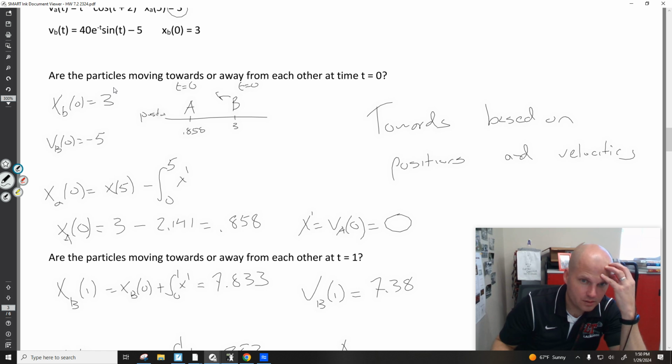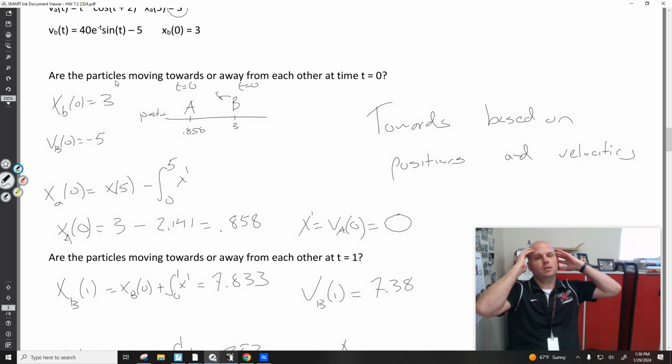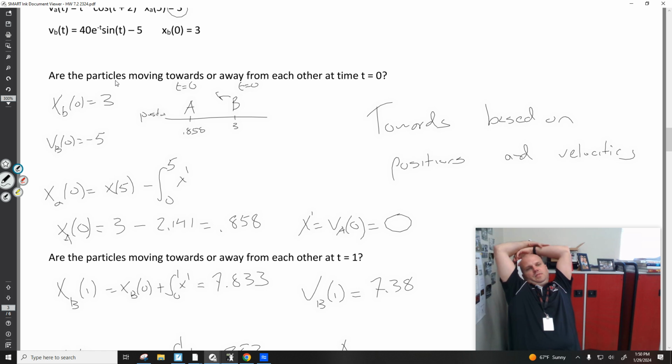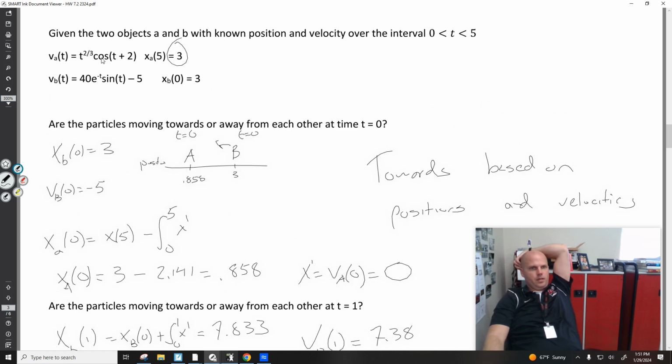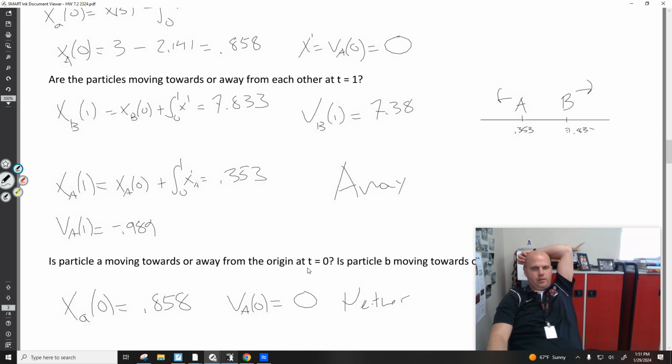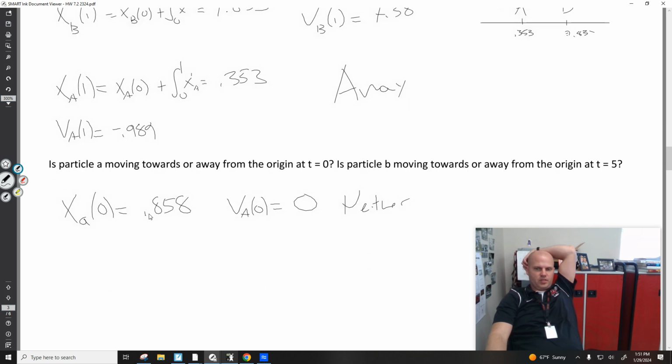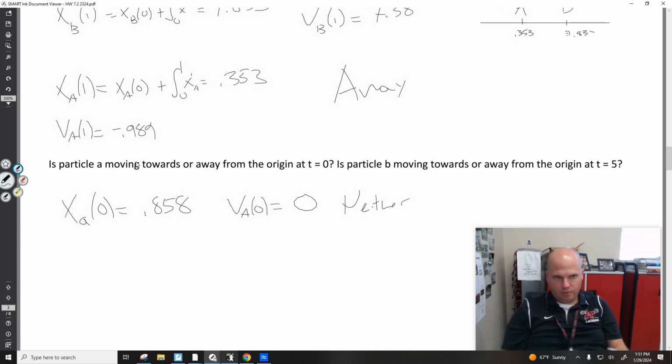That was B. No, A 0. Okay, yeah, we're good. B's velocity was negative 5, and its position is 0. A's velocity is 0, and its position is 0.858. Neither. Horrible question. I probably needed to give you velocity.